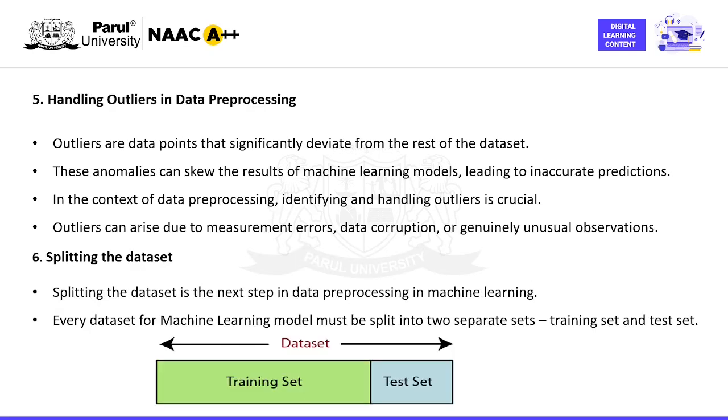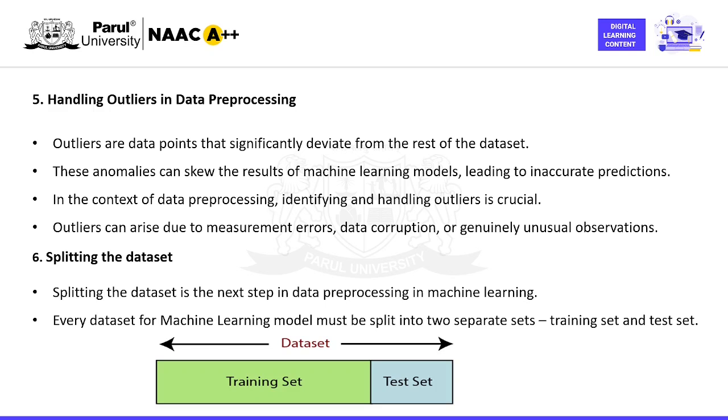The next one is handling outliers in data pre-processing. Outliers are the data points that significantly deviate from the rest of the data set. Suppose for example, the data follows a particular pattern, but a few values are totally different, very high.